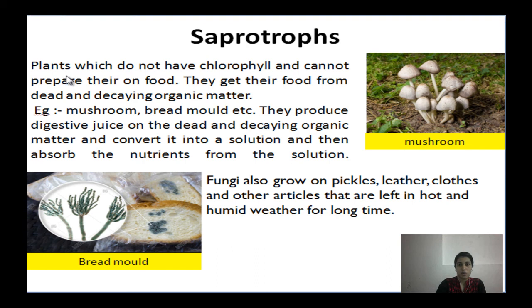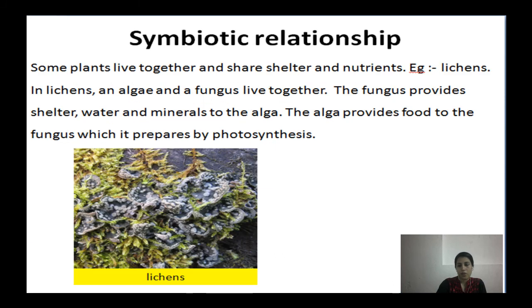Now we will study the fourth type of heterotrophic plant, that is symbiotic relationship or symbiotic plants. Some plants live together and share shelter and nutrients. Example, lichens. In lichen, an alga and fungus both live together. See that white color and green color, both the fungi and the algae are living together.